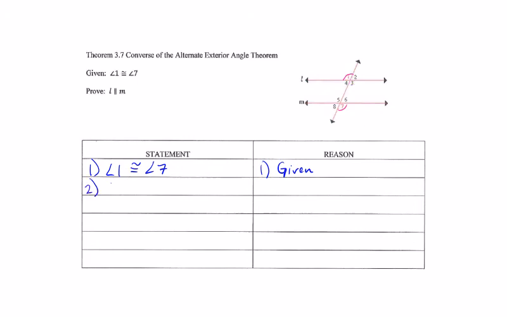So angle 1 is congruent with angle 3 by the vertical angles theorem. And then by the transitive property, since angle 7 and angle 3 are both congruent to angle 1, we can say that angle 7 is congruent to angle 3. Oops. Transitive property. It's a funny R.